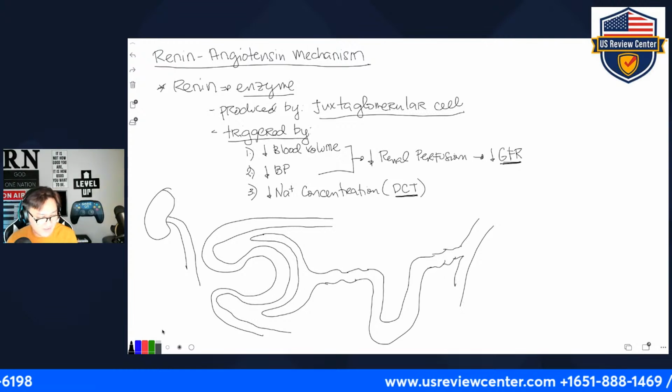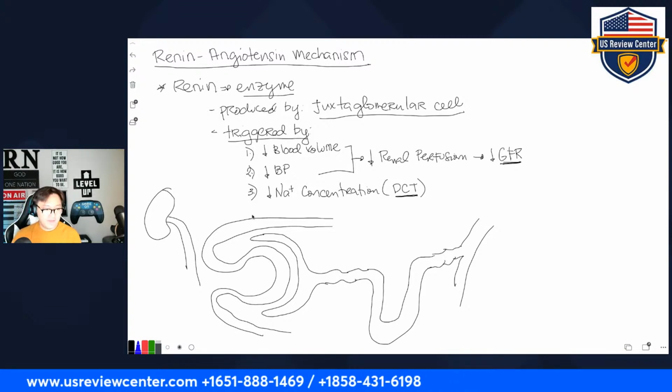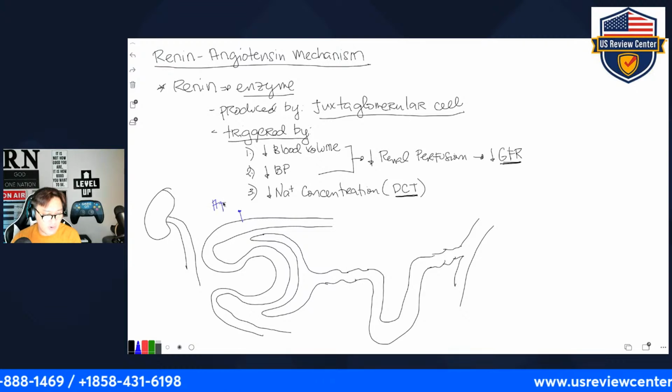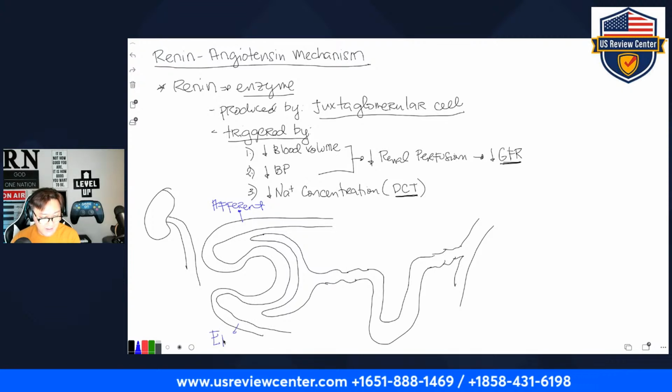Okay, let's name them. Let's change the color of my pen. Let's use color blue. This is what we call your afferent arteriole. This is what we call efferent arteriole.